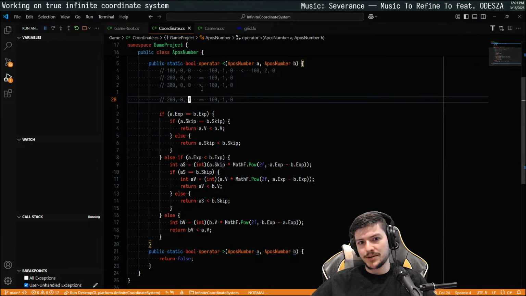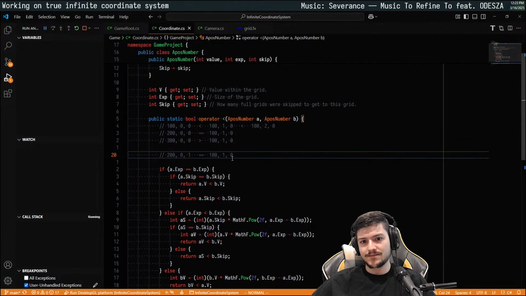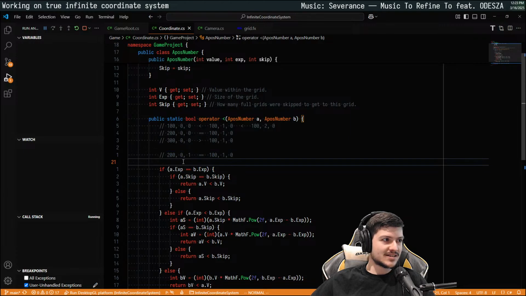The skip number means it's possible to have a skip that runs out of the numbers on this side. Likewise this side. So how do you compare numbers that can't be compared?